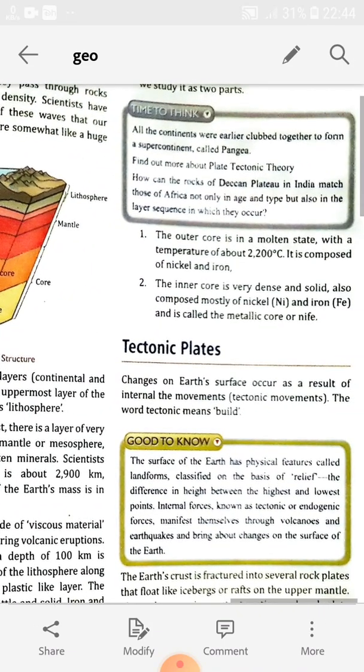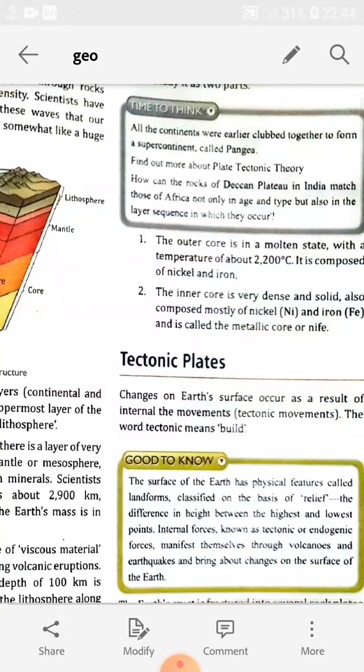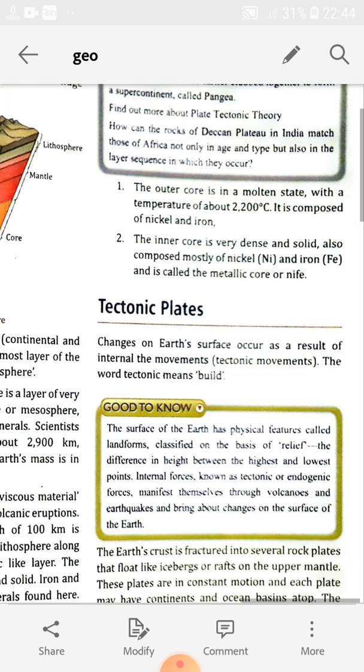You can see that the outer core is in a molten state, the temperature here is up to 2200 degrees Celsius, and it is made of nickel and iron. And the inner core is made of nickel and iron, it is also called the metallic core, and it is in a solid state.